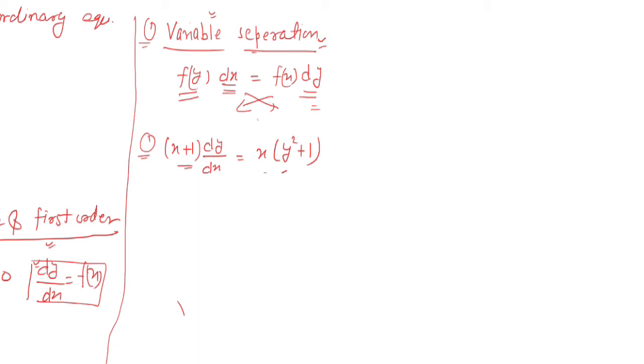So if you see that this is dy and this is a function of y, you will bring this function to one side, and for x you will write x over x plus 1. So you have separated the variables. Here is only the function of x and here is the function of y.